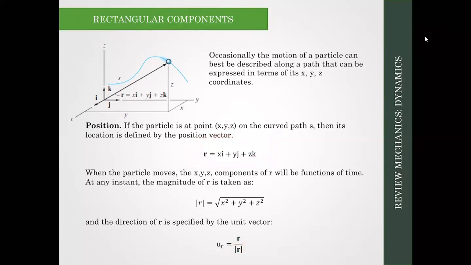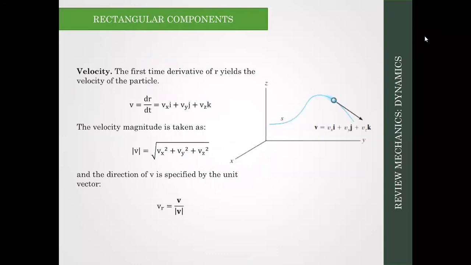For the velocity, it is easy. It is the first time derivative, or derivative with respect to time, of the R vector that we calculated. So when we derive our position with respect to time, once, we get our velocity vector.